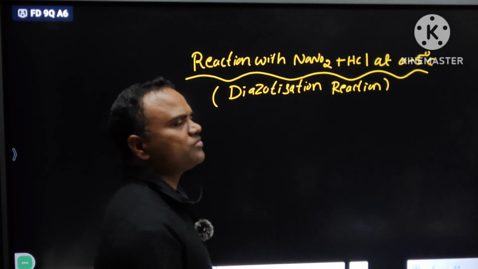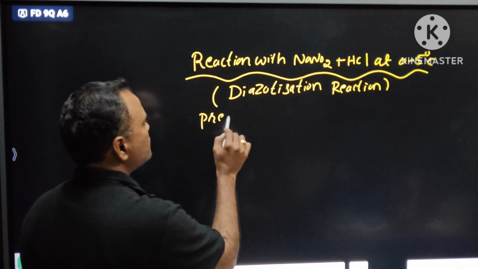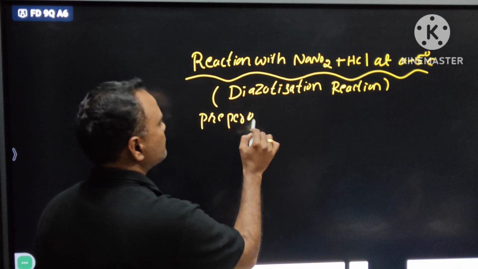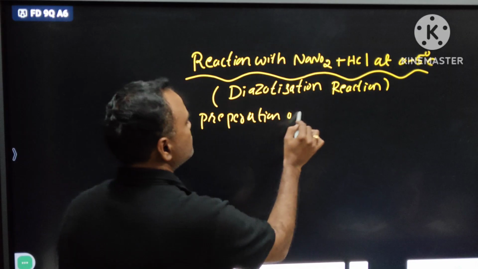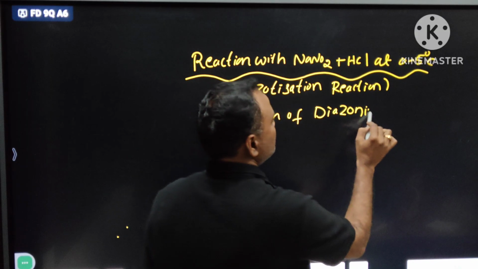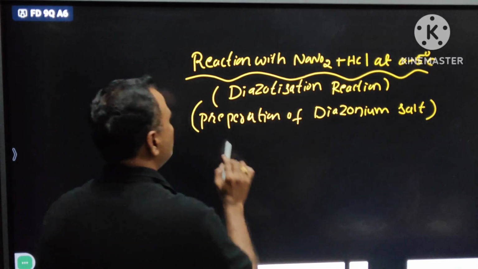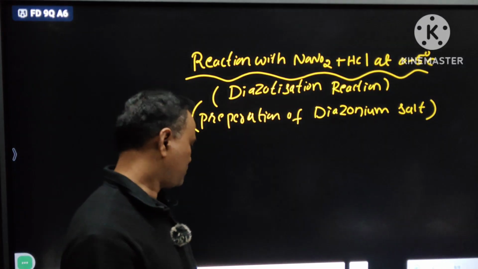Preparation of diazonium salt is called diazotization reaction.